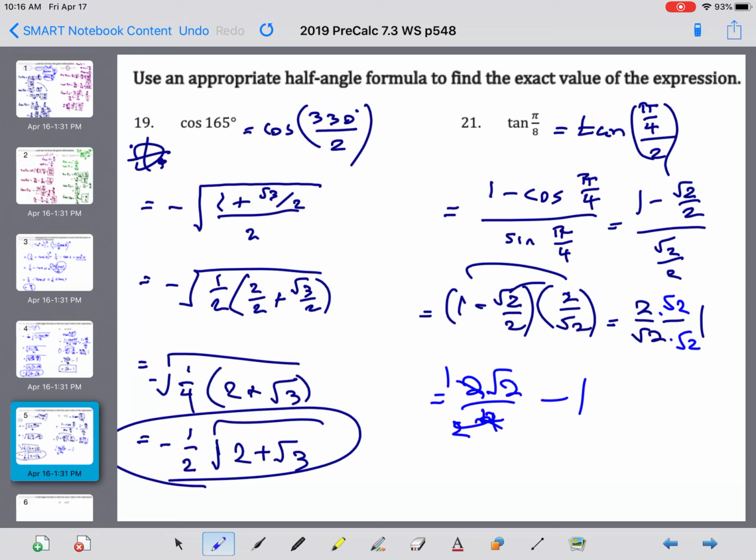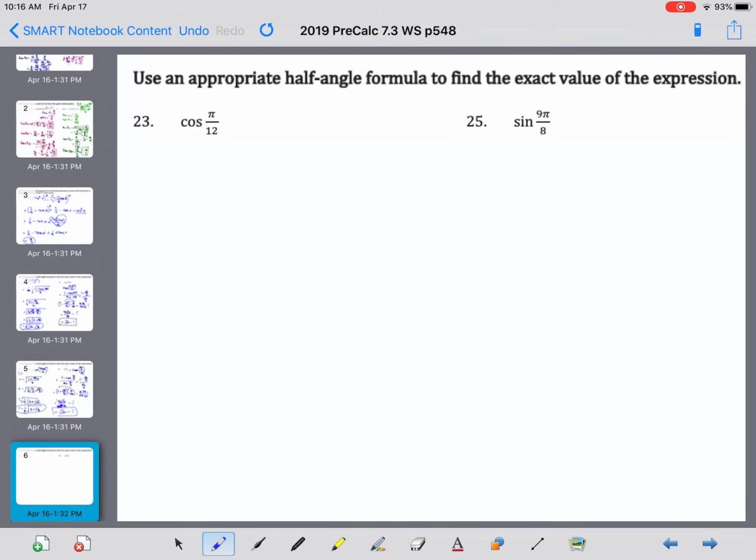Oh, this is just 2, not 4. So I get root 2 minus 1 for my final answer. A couple more here to go, then we get to some easier ones.